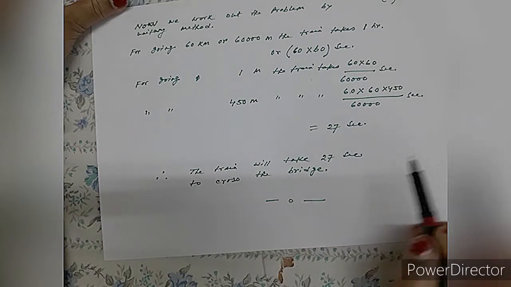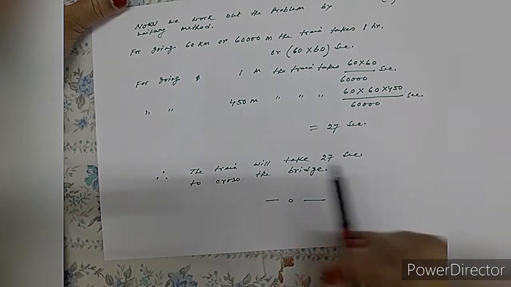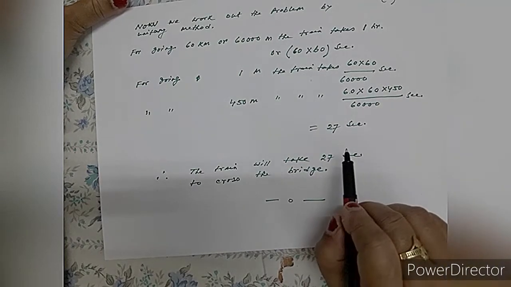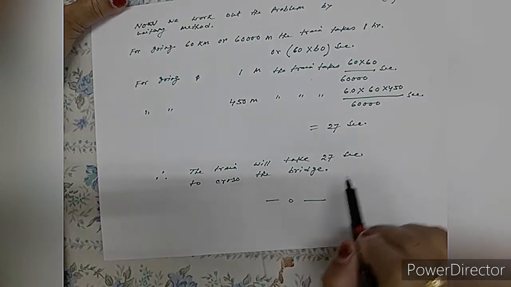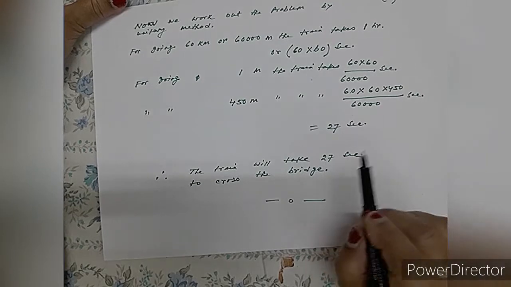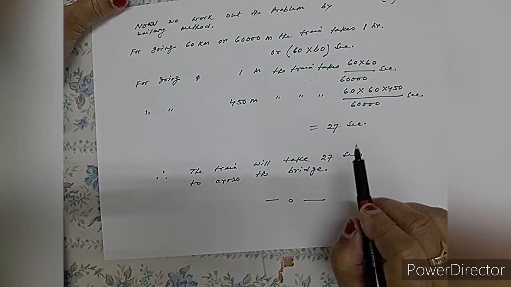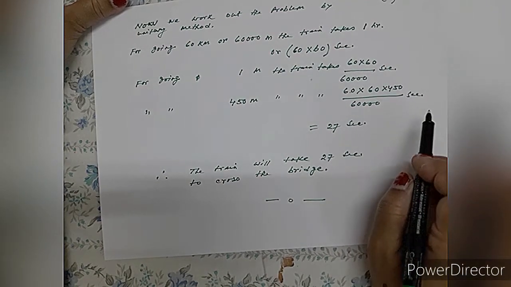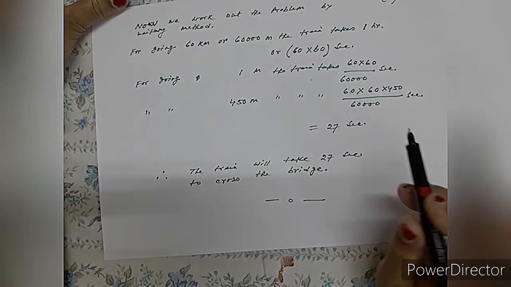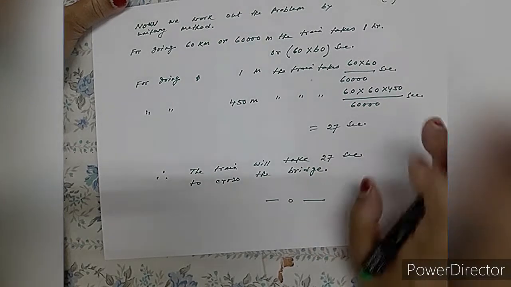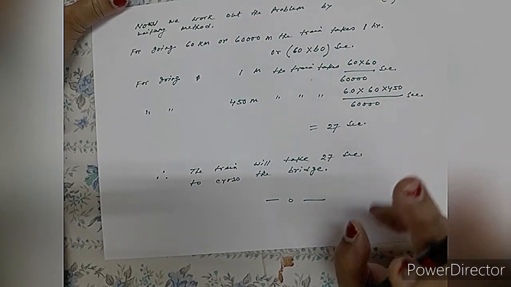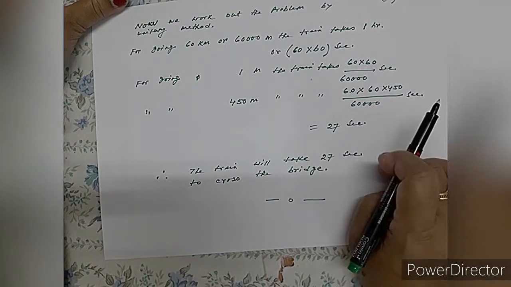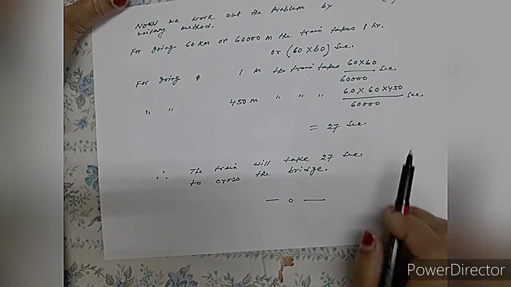So the length of the train plus the length of the bridge is to be considered. This is the difference for calculation purposes between a vertical object and a horizontal object. For a vertical object, it is the train's own length, and for a horizontal object, the train's own length plus the length of the horizontal object.